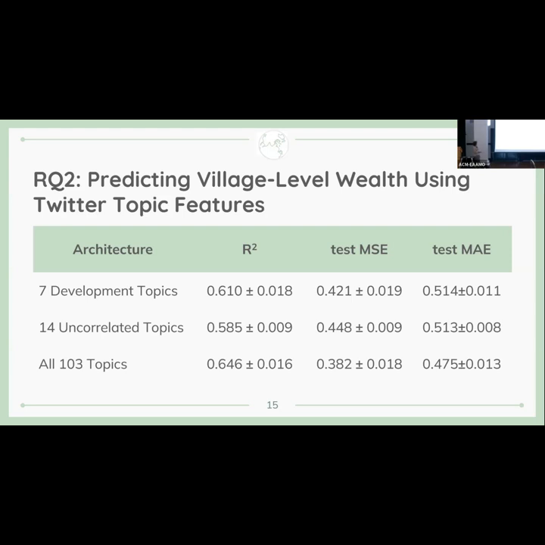We have a 7 development topic model that only uses 7 development topics, versus a model that uses all the 103 topics generated by our topic modeling. And as you see here, our R-square for prediction of poverty is very good. It shows the 7 development topics demonstrate strong predictive performance compared to the complex model.